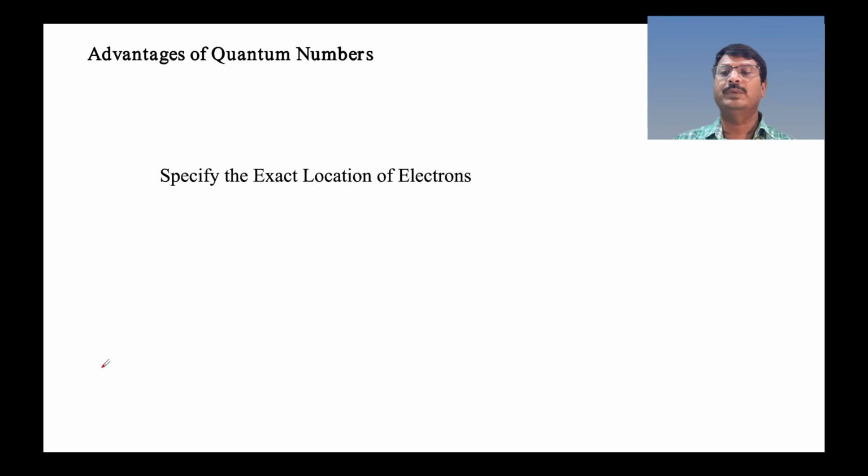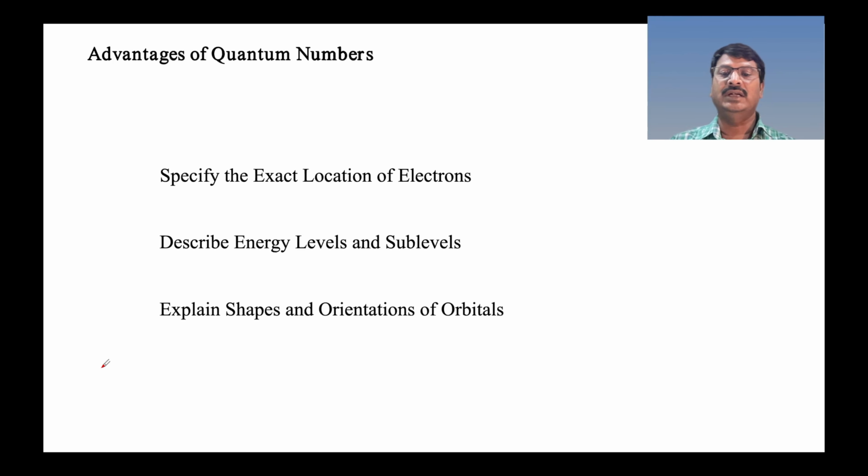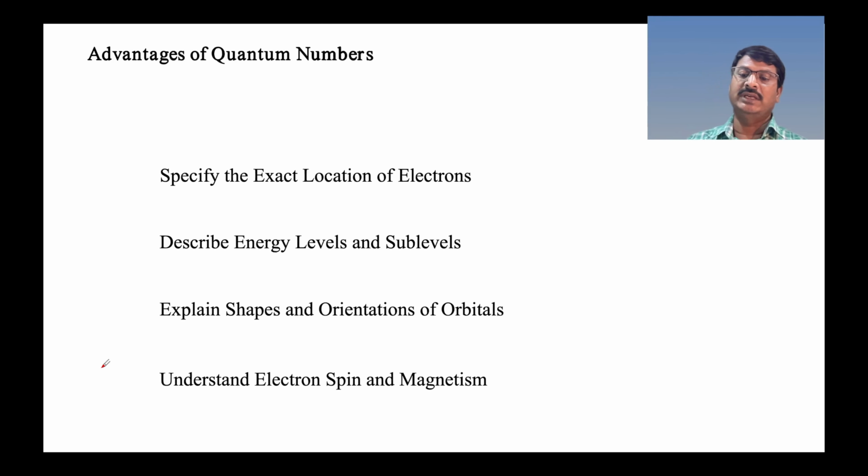That is also an important point. The quantum numbers describe the energy levels and sub-energy levels. They also explain the shape and orientation of the orbitals, and the electron spin and magnetism.